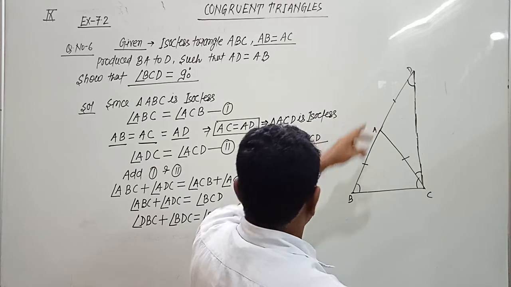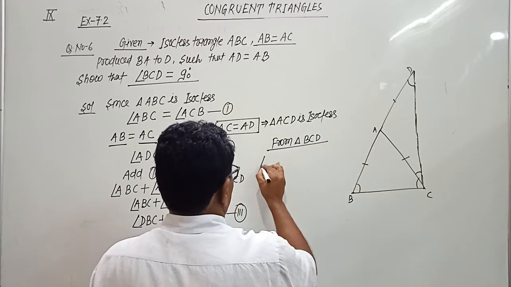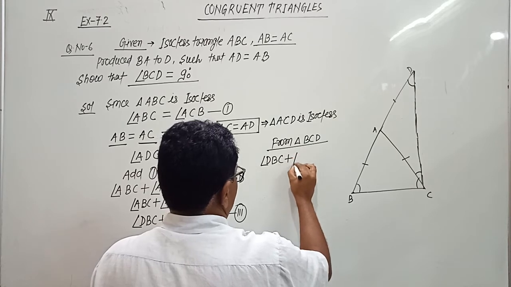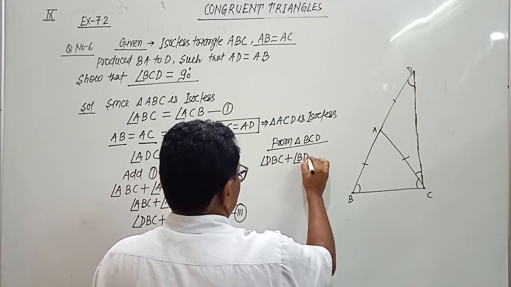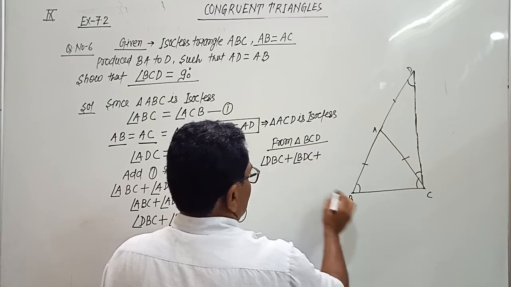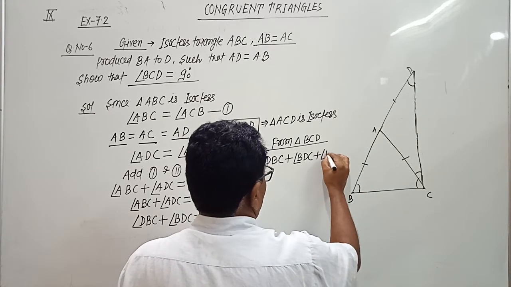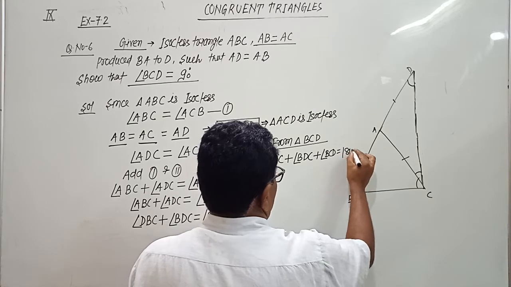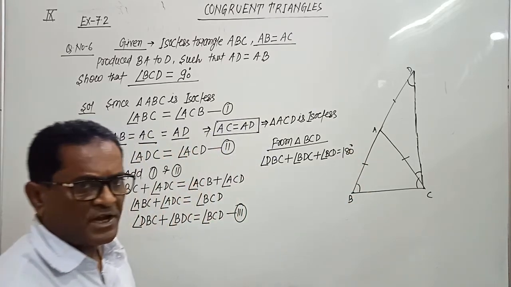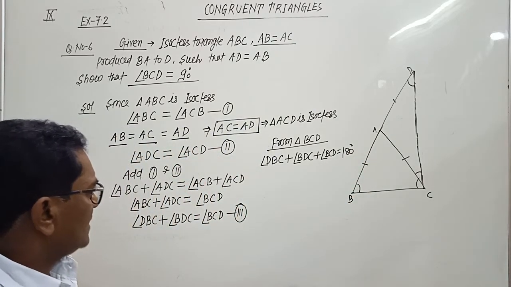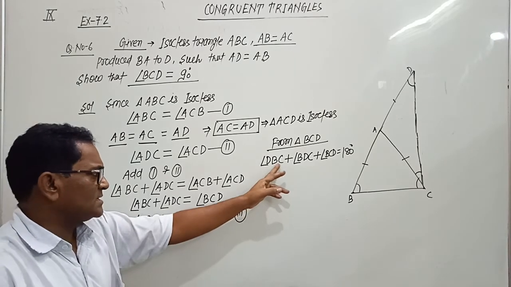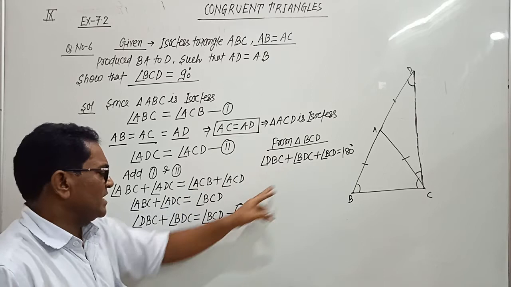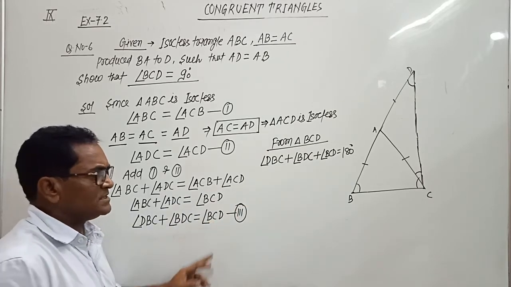So angle DBC plus angle BDC plus angle BCD is equal to 180 degrees. And from the third equation, in place of DBC plus BDC, we can write angle BCD.